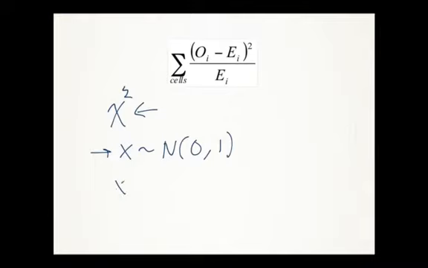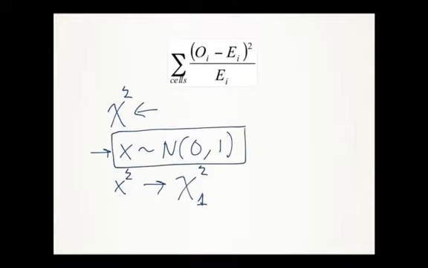If I then take x squared, then the statisticians have told me that this has a chi-square distribution with 1 degree of freedom. I might add that 1 down here, okay? So that's our intuition about the chi-square distribution. If we take a standard normal random variable and square it, we end up with a chi-square random variable, or rather a random variable with a chi-square distribution.